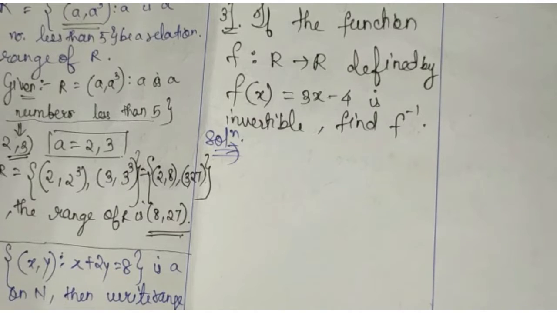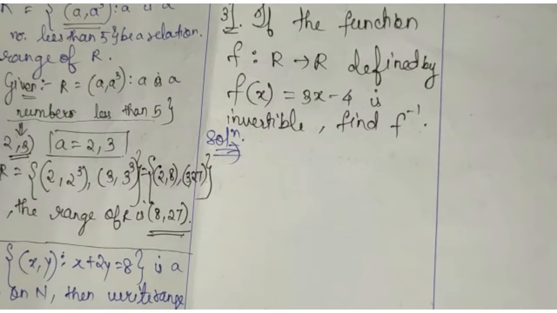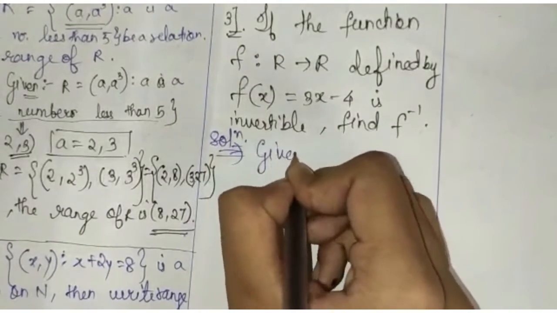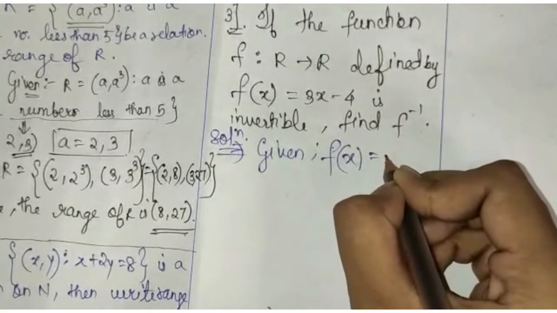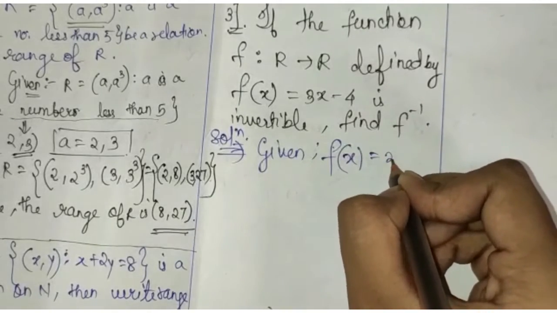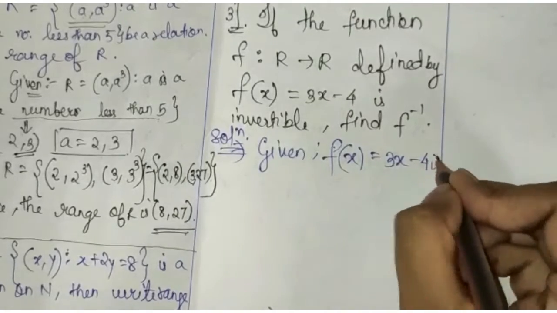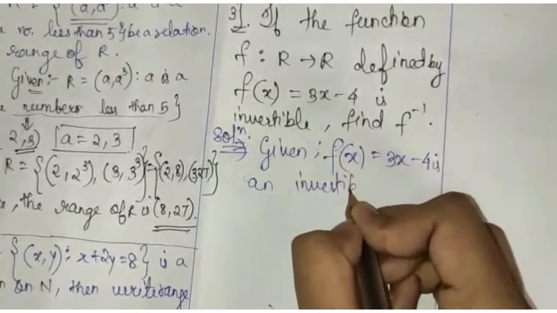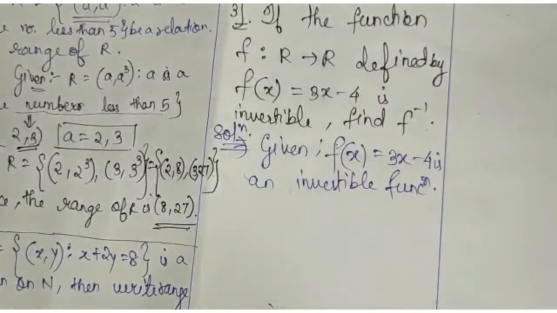This is a very important question, and as I told you, you have to just go like this only. Now the first step is always to write whatever is given. So given f(x) is equal to 3x − 4 is an invertible function. They have already given it is an invertible function.